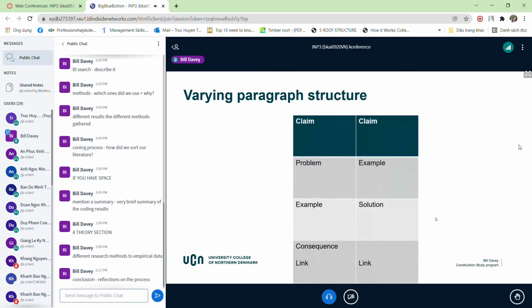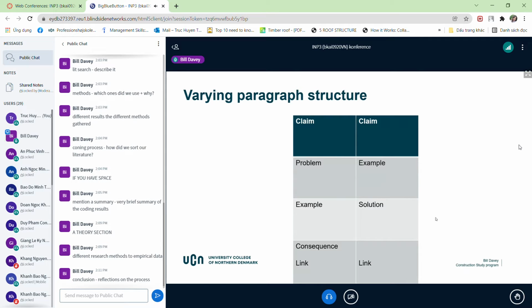So the paragraph can be varied. It doesn't have to be the same structure each time. It's not a bad thing if it is. Sometimes it's a very good thing if it is, because if the paragraph structure is the same each time, the reader knows what's coming next, and you write for a reader.